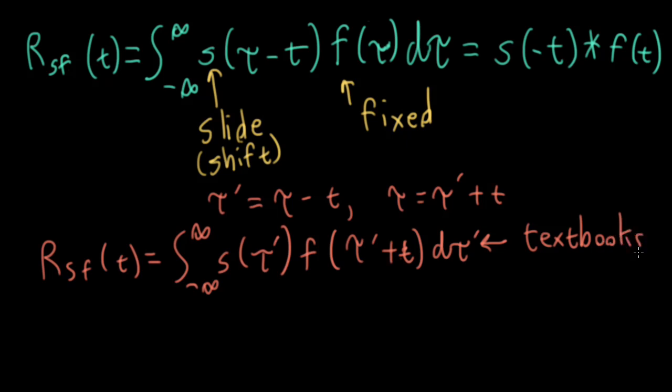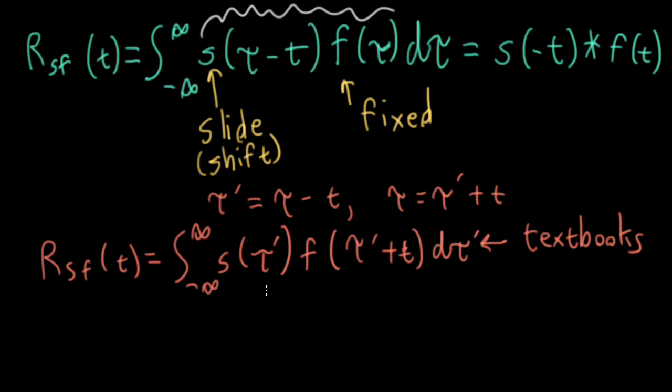I personally like this version better because it feels more obviously connected to convolution, but this is a perfectly valid expression for it. The way I like to think about this form is that you have some data that you've collected that is f, and then you're sliding the template along, marching it to the right as you're increasing t.